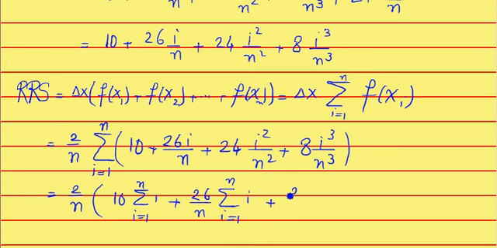Next one, 24 over n squared is fixed, and we are summing i squared from 1 through n. Next one is 8 over n cubed, sum of i cubed, i from 1 through n.